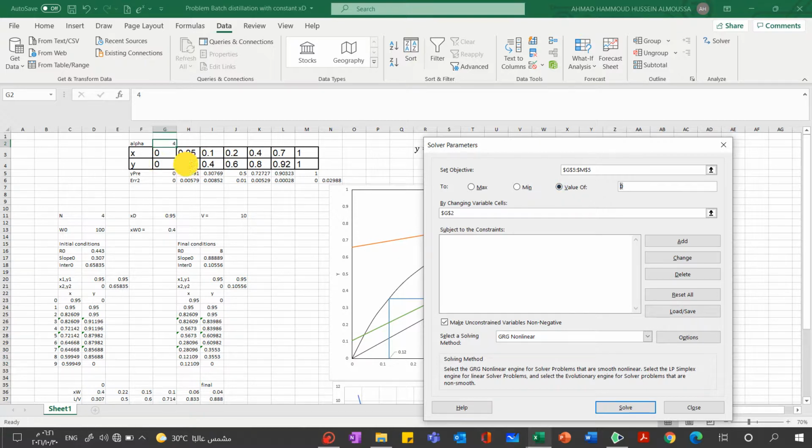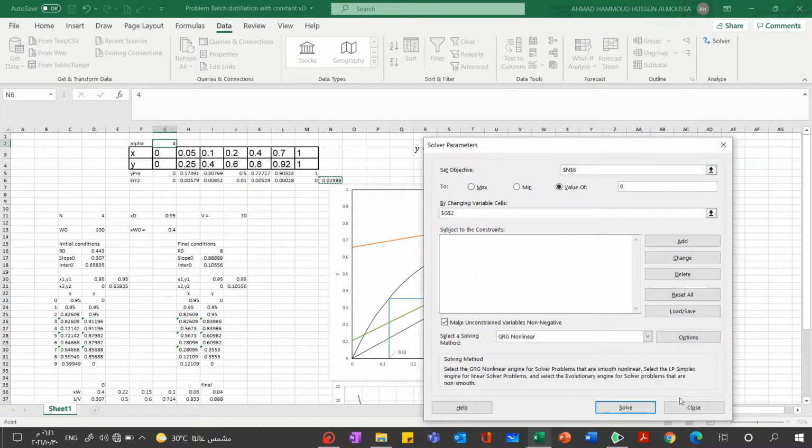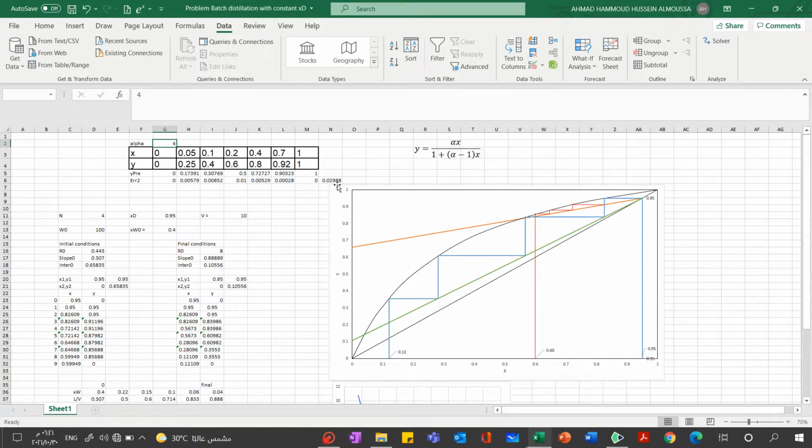Oh, it's not. Go here, which is this. Actually, this before Solver, let me make you know what this is. This actually is the sum of error. The sum of error. You want the error to be minimized. The zero. Here 0.